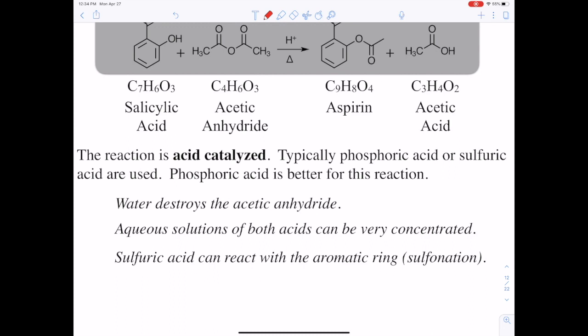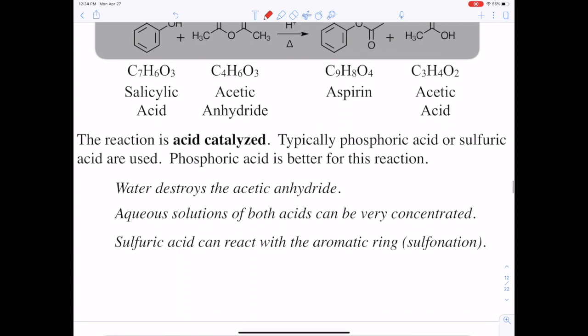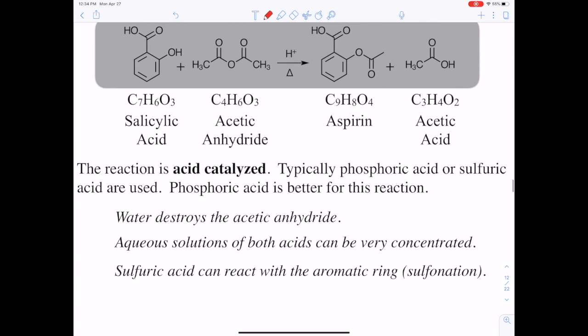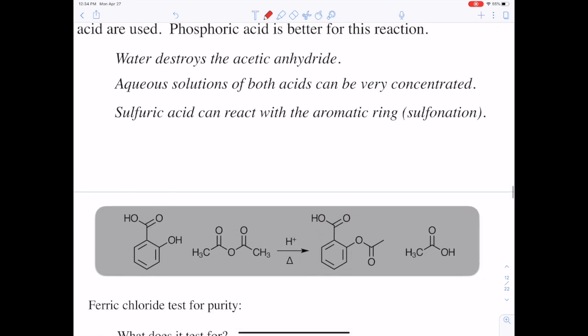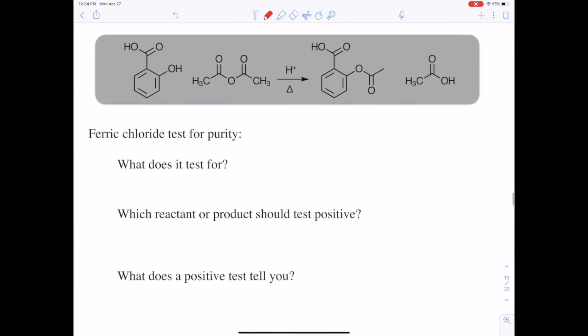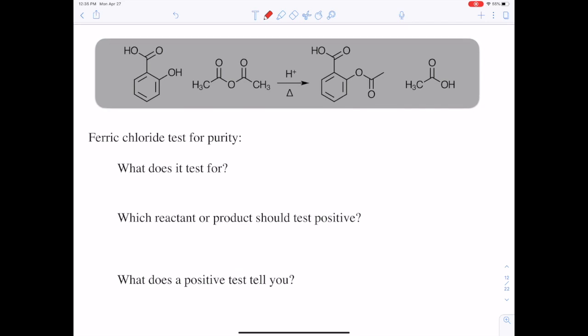And if you have a dilute solution, of course, there's more water, and that will destroy the acetic anhydride. Sulfuric acid can react with the aromatic ring, electrophilic aromatic substitution reaction. So phosphoric acid's a little bit better, but it doesn't seem to be a problem. It works fine when you synthesize aspirin with sulfuric.